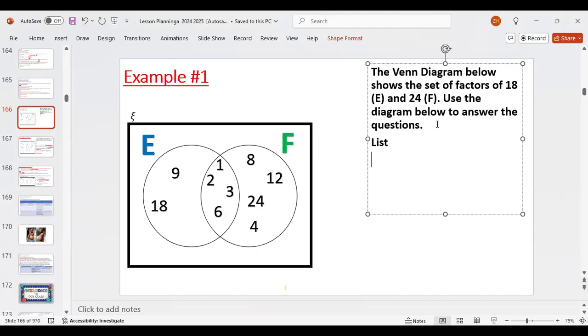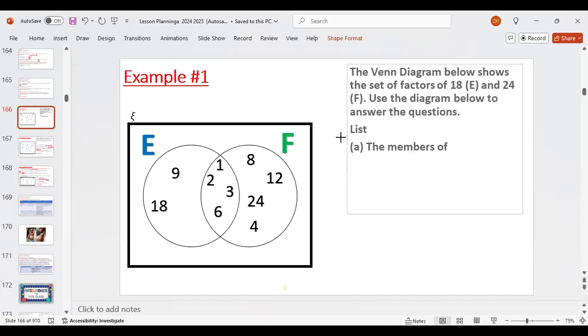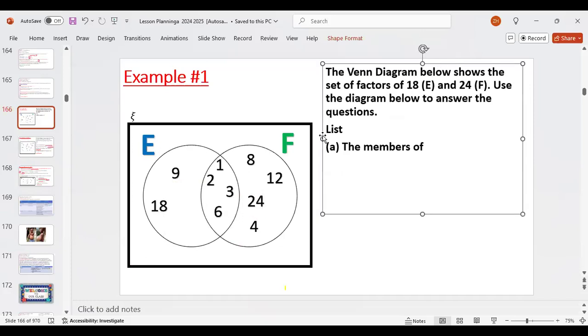Very good. Tell me, Jasmine Rose. Where's Jasmine Rose? Yes, sir. Can you tell me what are the elements that are in the intersection inside these two? 1, 2, 3, and 6. Very good.